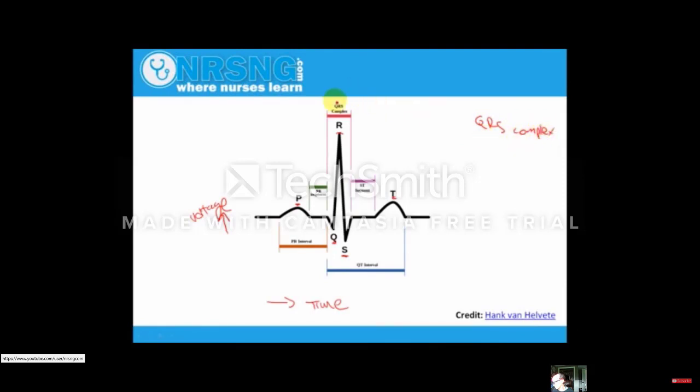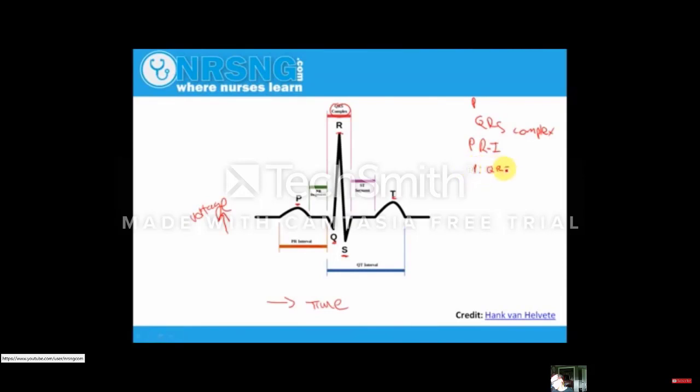We also have our PR interval. And that's really what we're going to evaluate: our P waves, our QRS complex, our PR interval, and our P to QRS ratio.